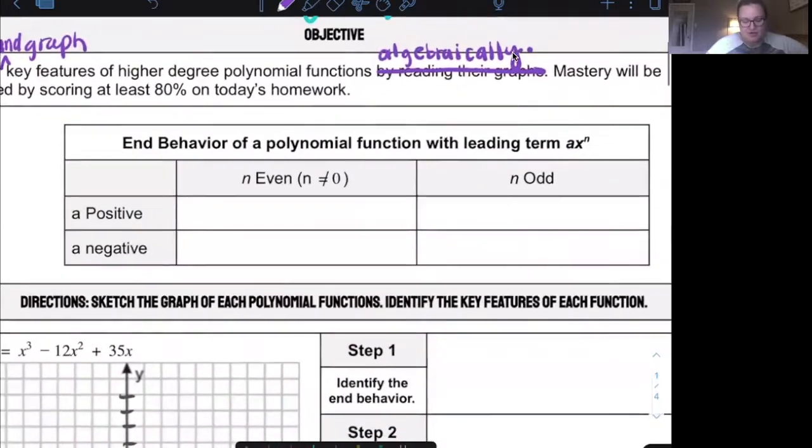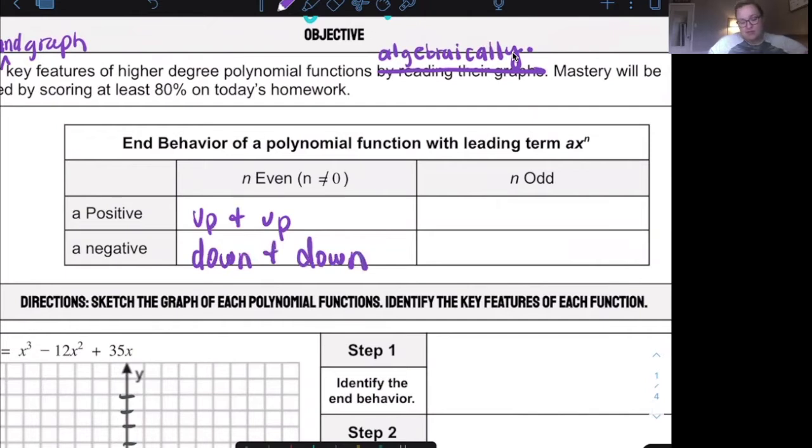This is just a reminder of the end behavior of polynomial functions. Remember, you look at the first term. If the first term is positive and an even degree, your end behavior is up and up. If it's negative and an even degree, your end behavior will always be down and down.